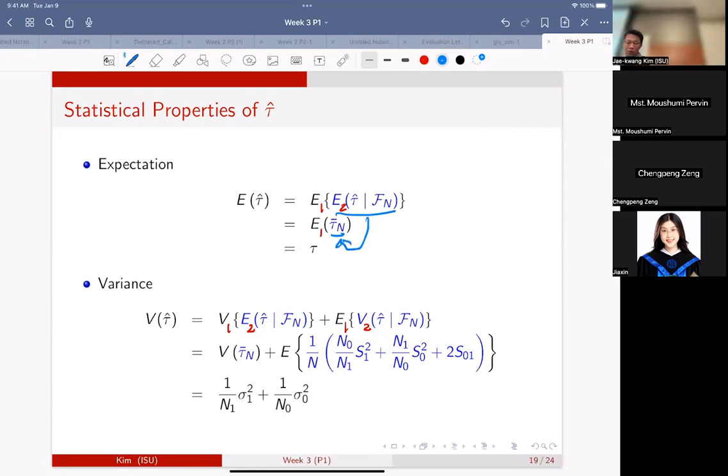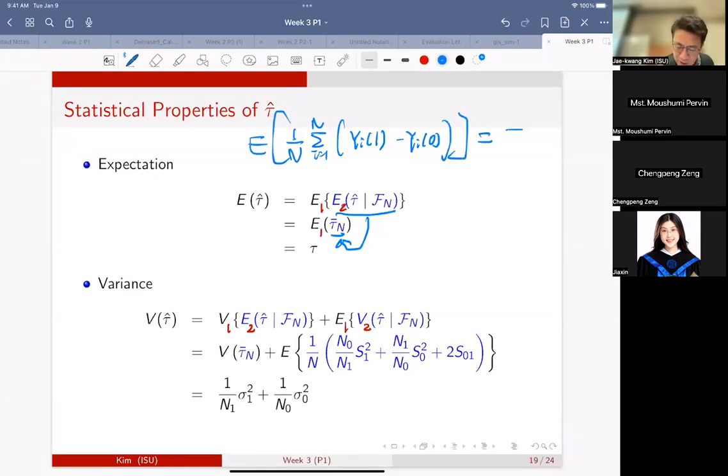And now, what is the expectation of tau bar? Well, tau bar is just a random variable, right? So this is basically the sample mean, the population mean of this guy. And they are IID. So then the expectation of this guy should be equal to tau. That is this.